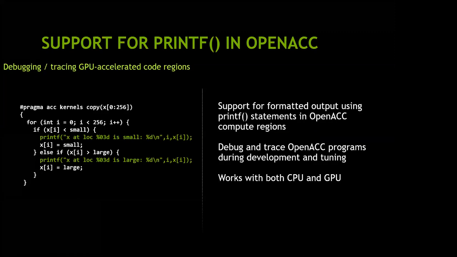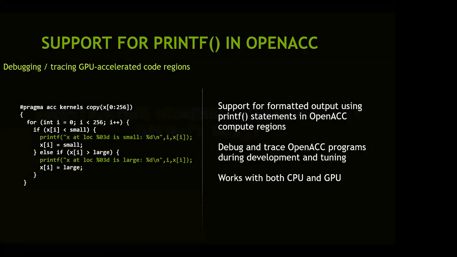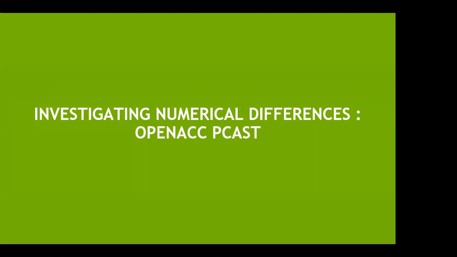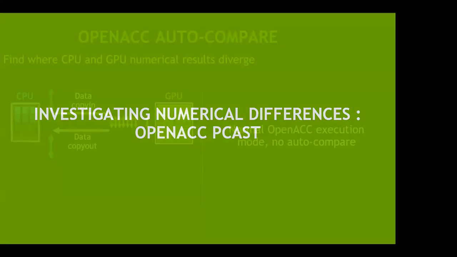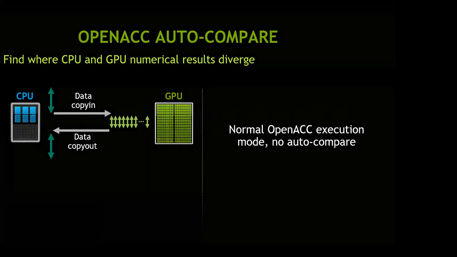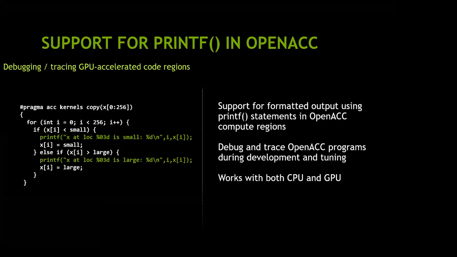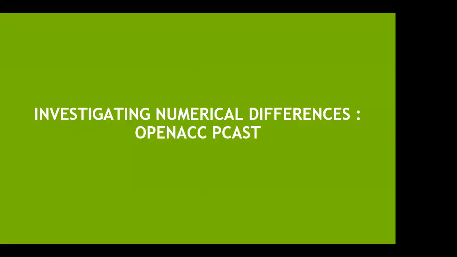It took some time before we had a good implementation, but you could use printf in an OpenACC section. And this works both for CPU and GPU, for parallel sections on CPU and GPU. That's the point I wanted to make.